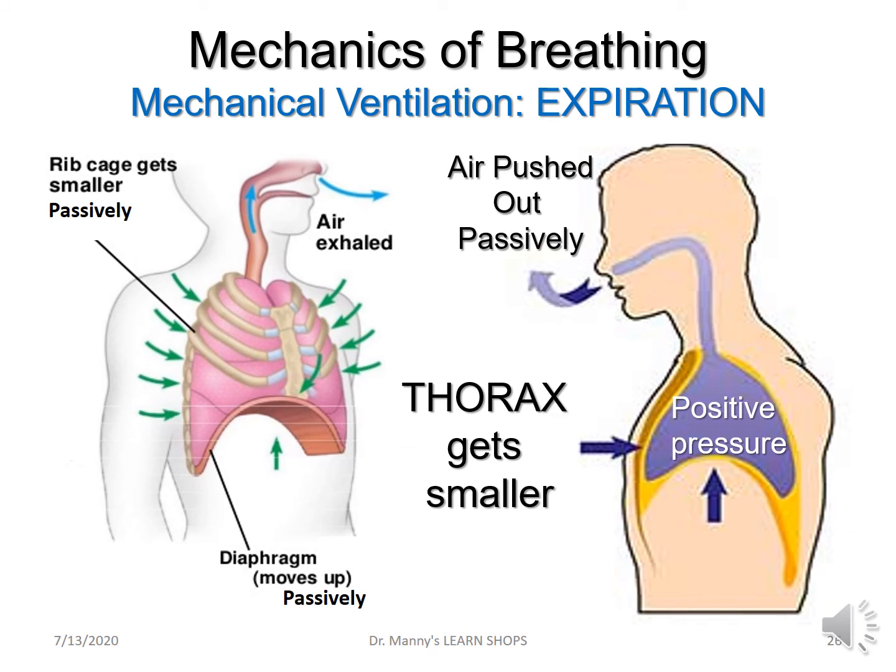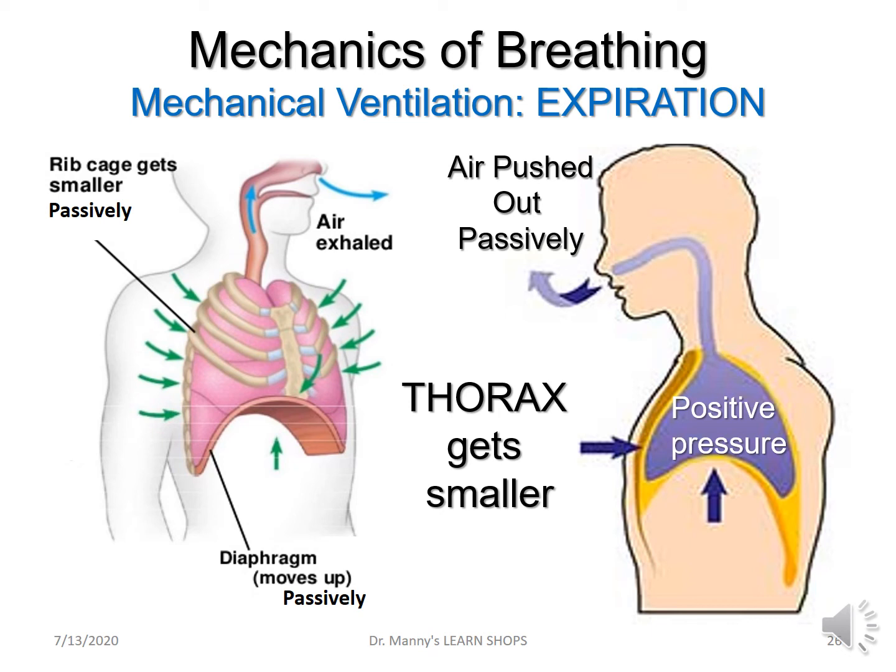With expiration during mechanical ventilation, this is passive. So basically it's the same as when we have spontaneous breathing. The lungs relax, recoil, diaphragm relaxes, recoils. This creates a positive pressure, and air is pushed out passively as the thorax gets smaller.